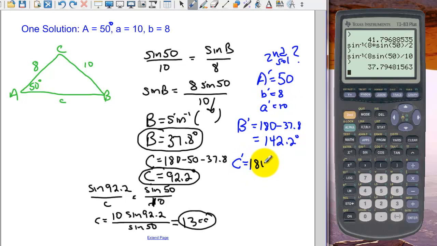So 180 minus A prime, which is 50, minus 142.2, and for C prime to work, it comes out to be negative 12.2 degrees. Or we can see here our A prime and B prime already add up to more than 180 degrees. So our second solution is not valid.